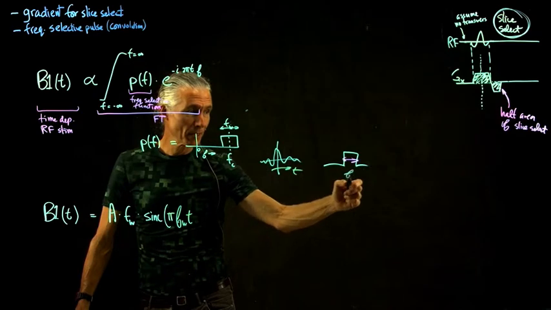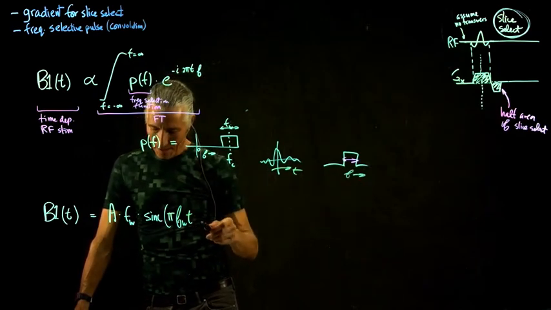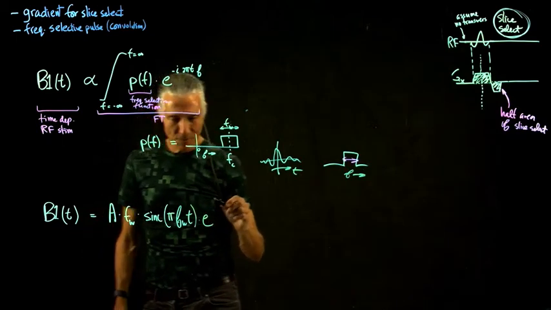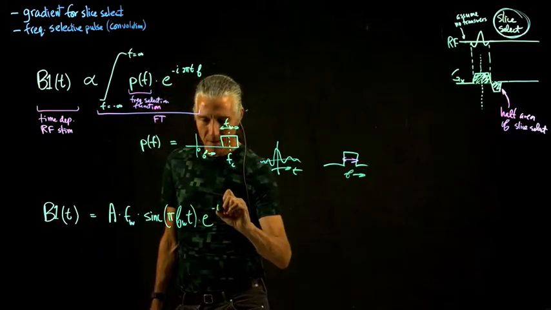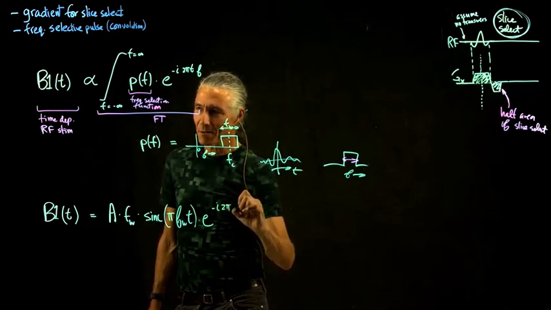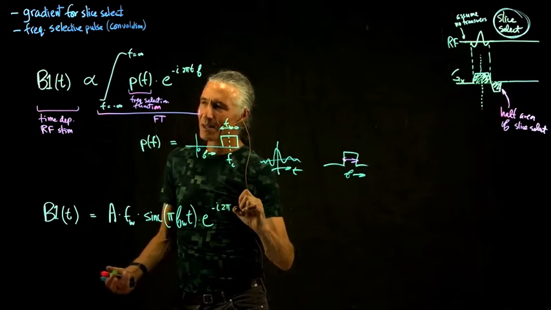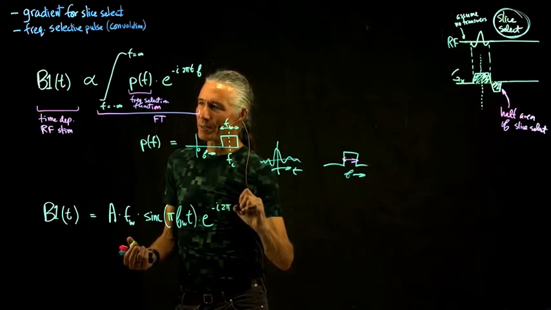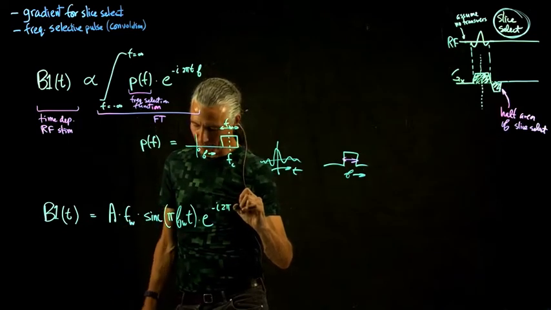This guy's frequency. And then that whole thing is multiplied by a single frequency. So it's kind of reminiscent of when we were talking about the signal equation, or when we talked about the FID, we just end up with one frequency, even though there's a mix of frequencies in there.